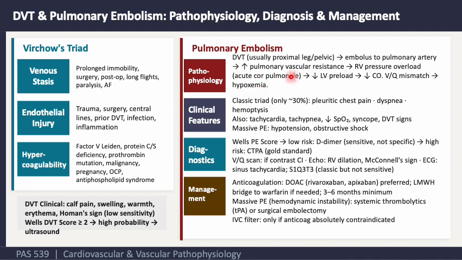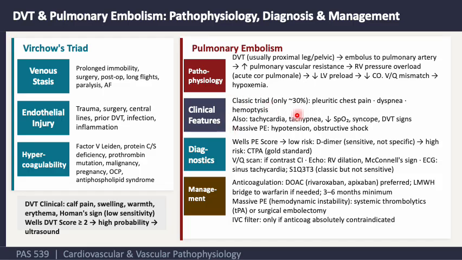You'll have increased pulmonary vascular resistance, and right ventricle pressure overload can cause acute cor pulmonale, which can lead to decreased left ventricle preload and decreased cardiac output. A lot of times, you notice a VQ mismatch with hypoxia. I will discuss this in a little more detail next week when we go through our pulmonary lecture.